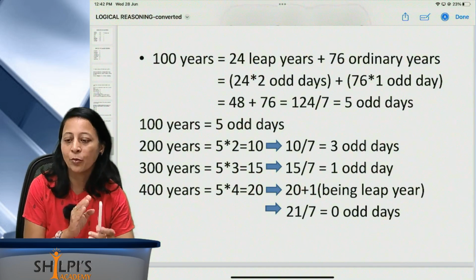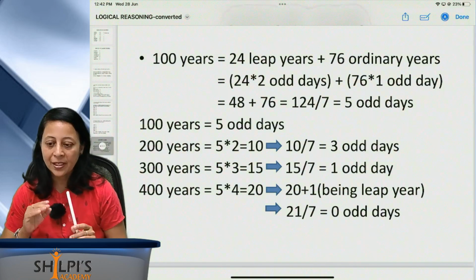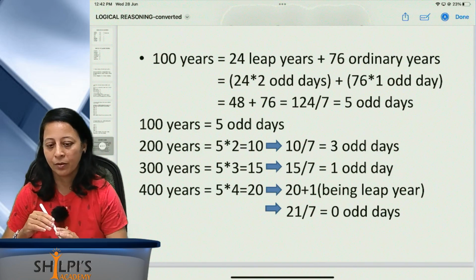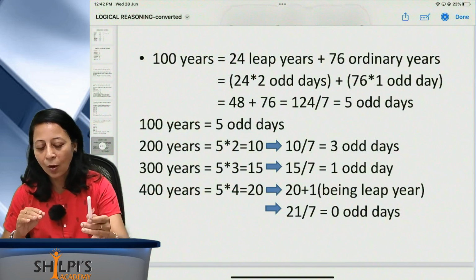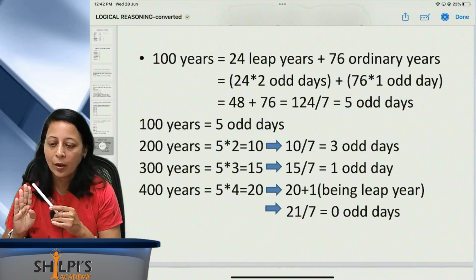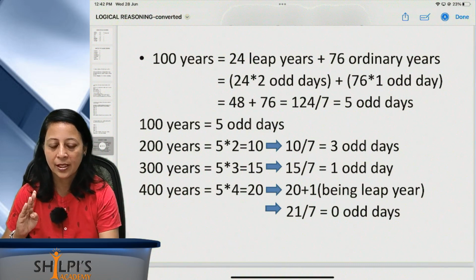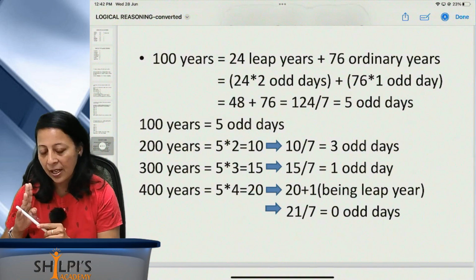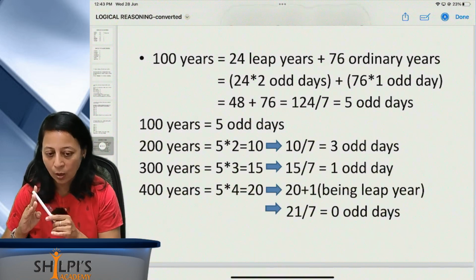Because as I told you, 400 is a pakka leap year because it is divisible by 4. Whenever you get once in 400 years, you have to take that as a leap year. Not 100 or 200 or 300, because you can see that 100 years has 5 odd days, 200 has 3 odd days, 300 has 1 odd day.